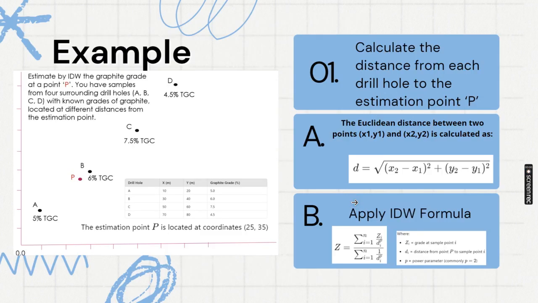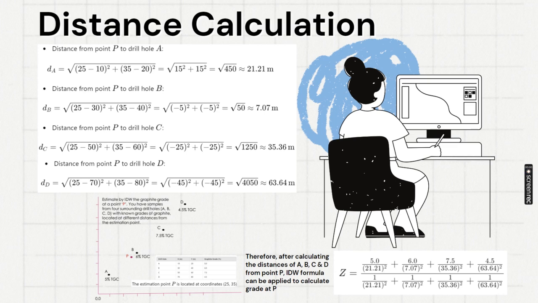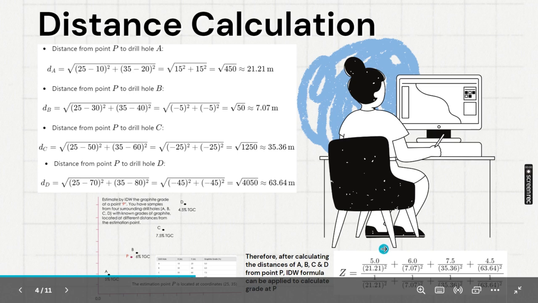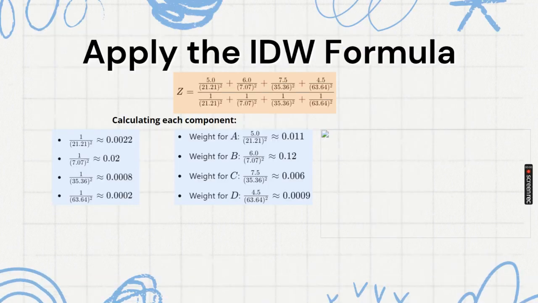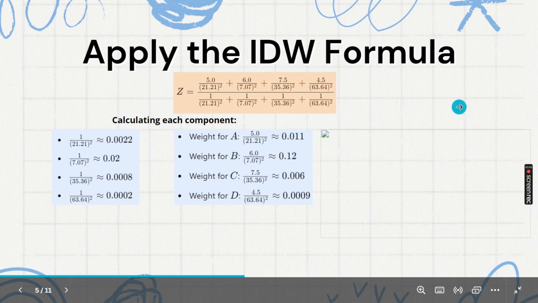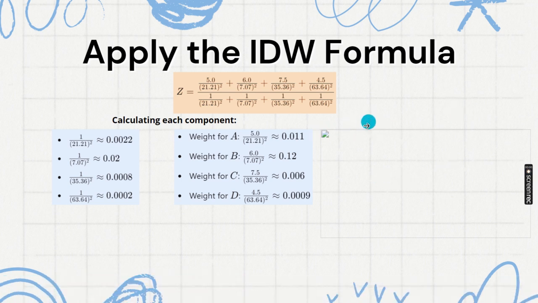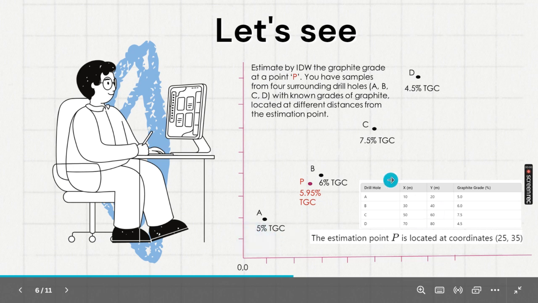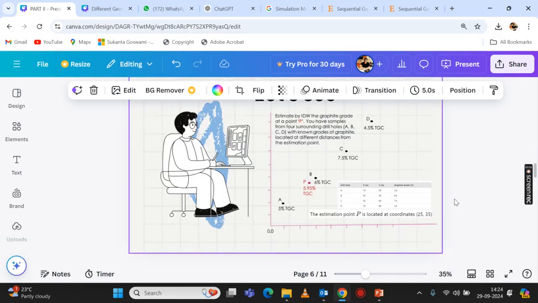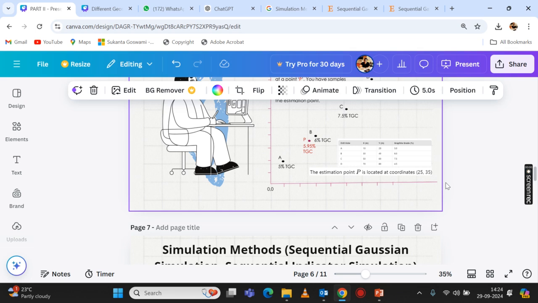In step 1 you first determine the distances, and then in step 2 apply the IDW formula. If we calculate this, it is coming around 5.95%.